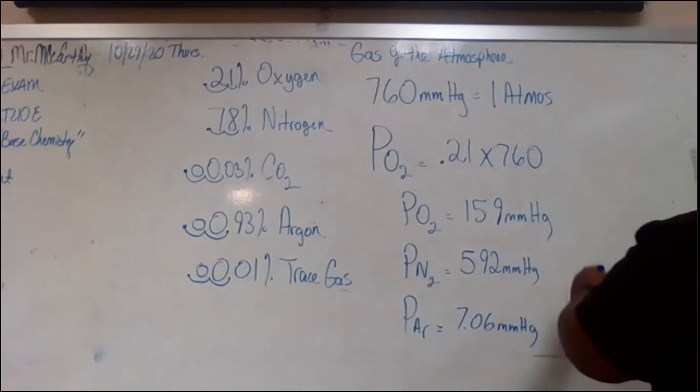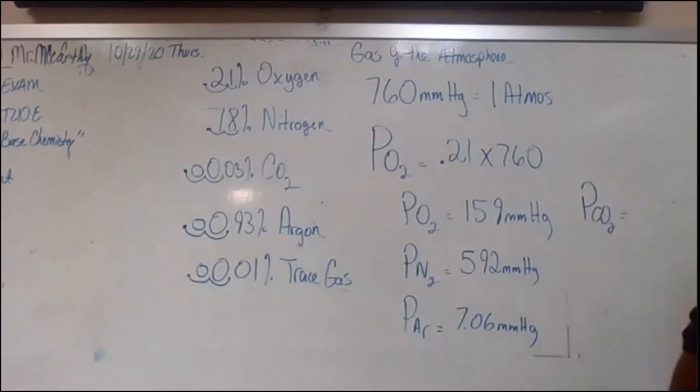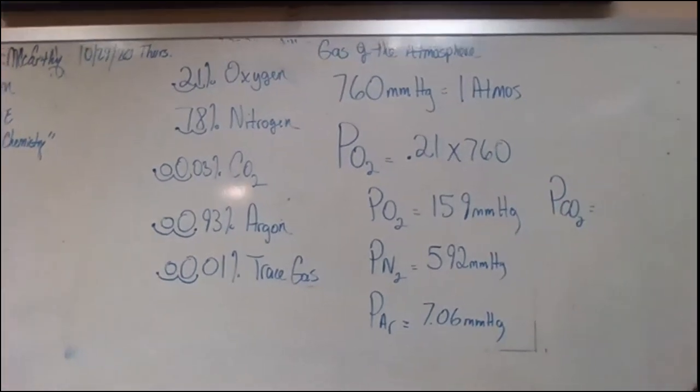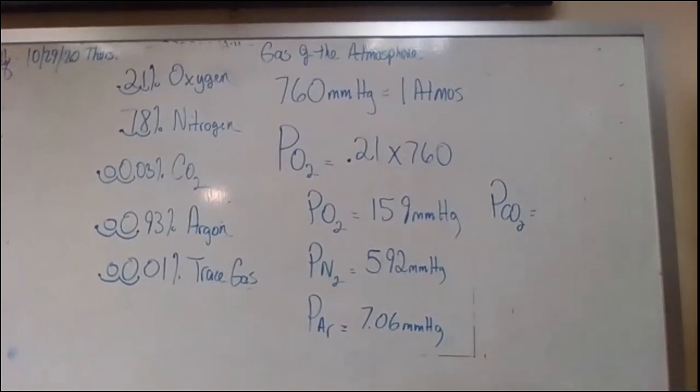And then what about the pressure of CO2? Pressure of CO2 would be 0.0003 times 760.